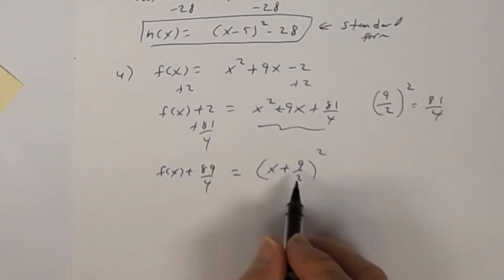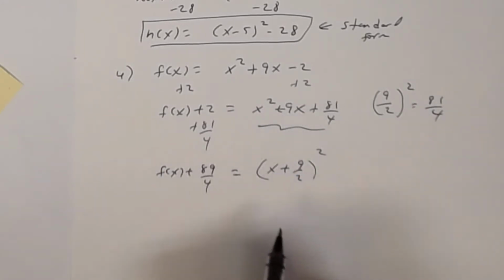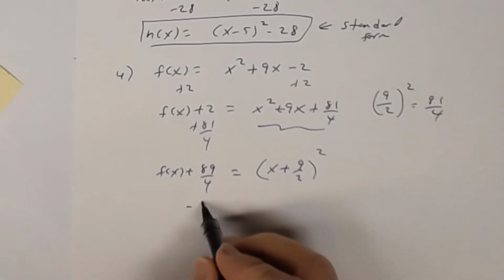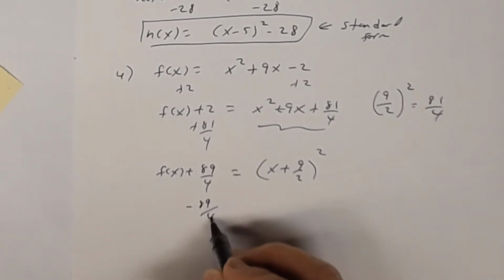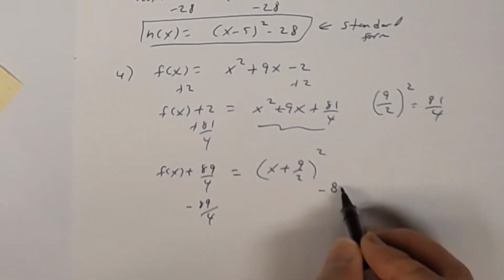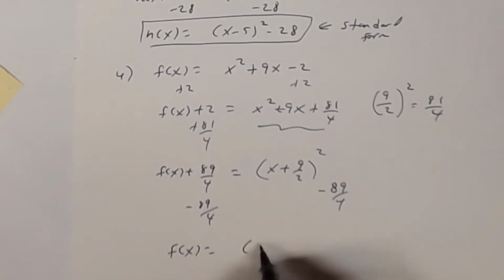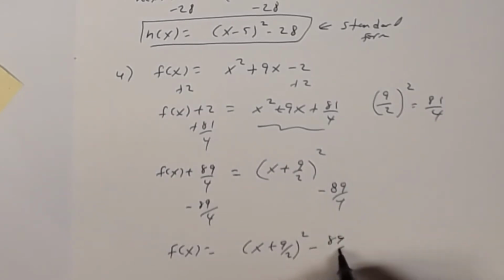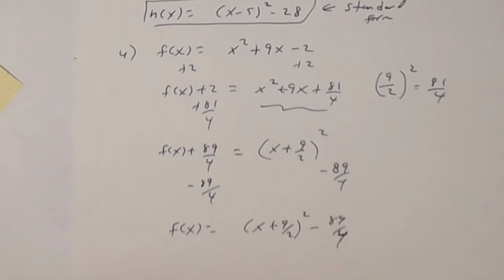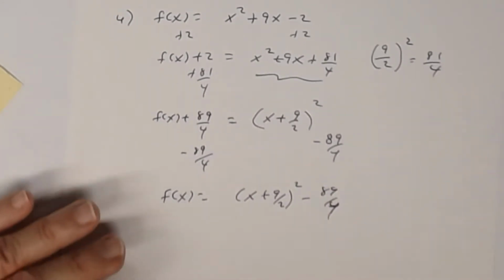When you FOIL it out, you take 9/2, multiply it by 2, and that gives you 9. Then all you do is subtract 89/4 from both sides. And so you have your answer. f of x equals x plus 9/2 squared minus 89/4. That's your vertex form.